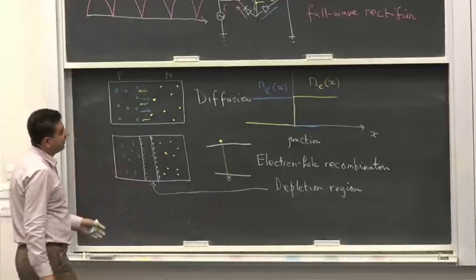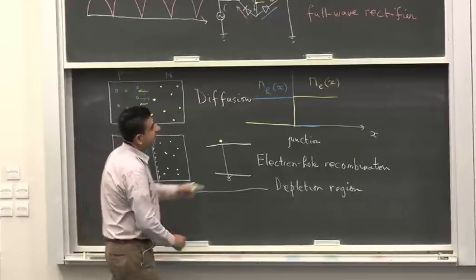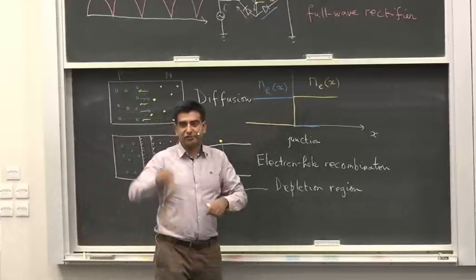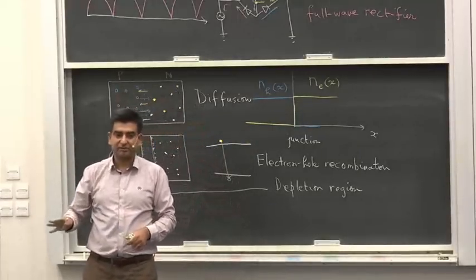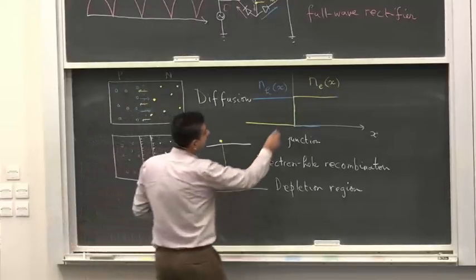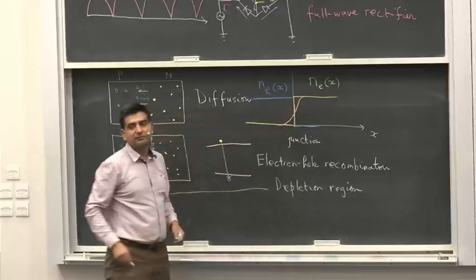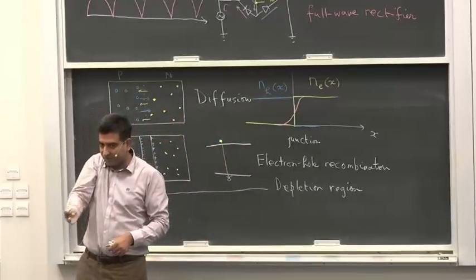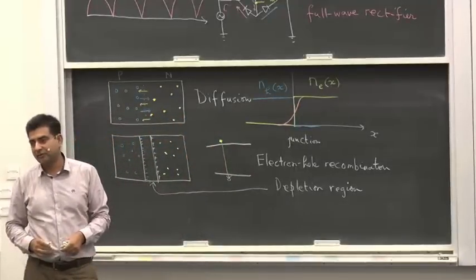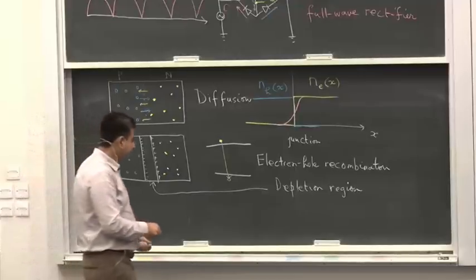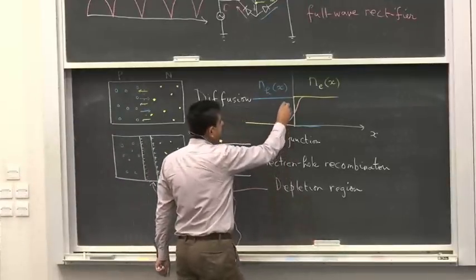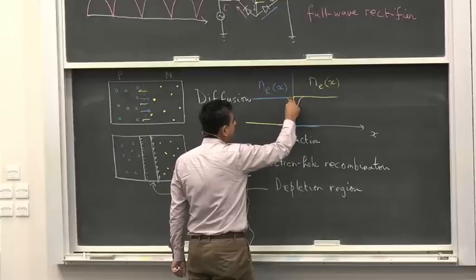Now in the state of equilibrium, what happens is that this NE is no longer an abrupt function. This NE takes a downward slope like this. There's a gradient in the concentration of electrons across the junction. And likewise, there is a gradient, a slope.